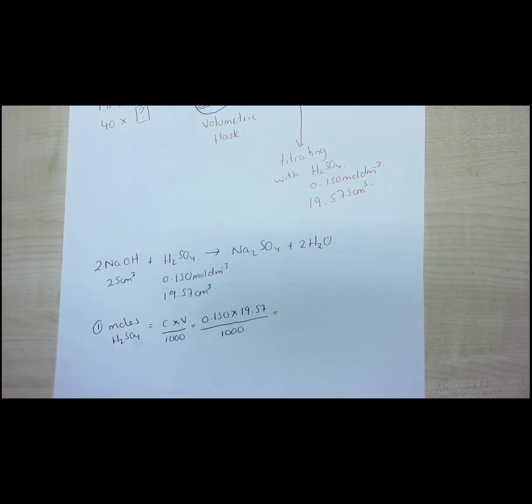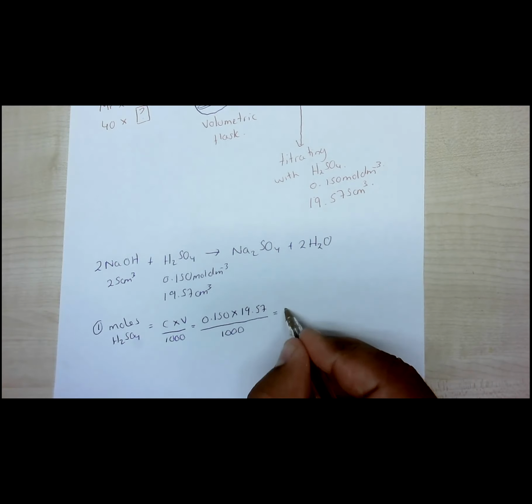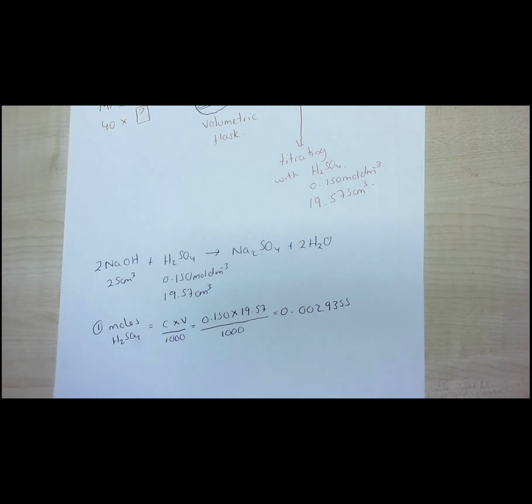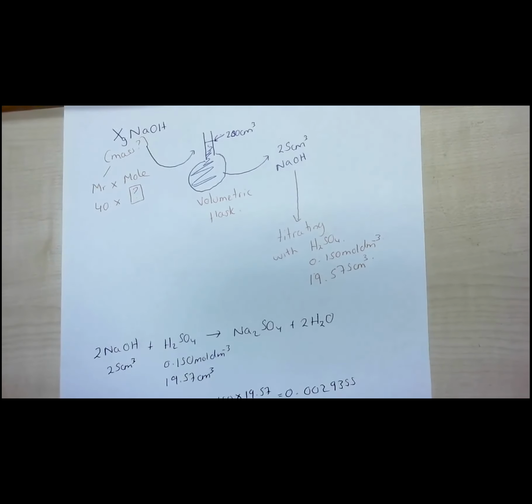So in my calculator, 0.150 times 19.57 divided by 1,000, I'm going to get 0.002935. That's the moles of sulfuric acid, but we need to be working with sodium hydroxide.